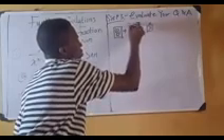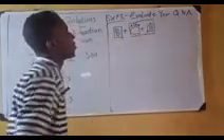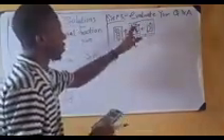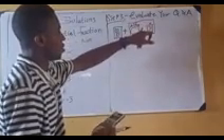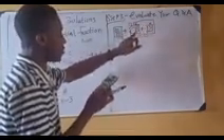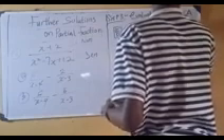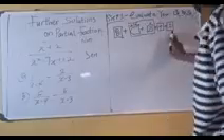So these two are together. After pressing your x, then you press plus 2. You press your plus button and you press your 2.